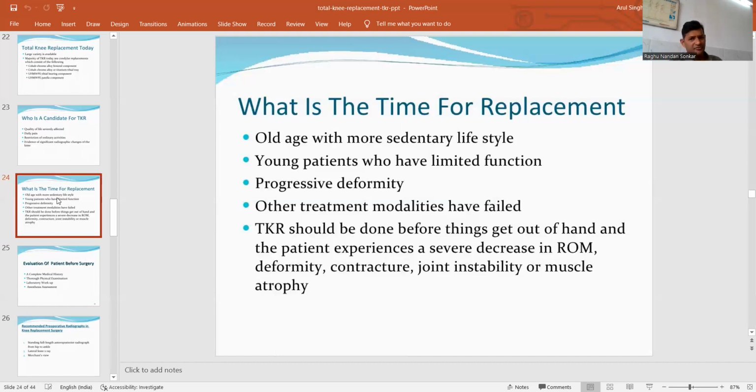TKR should be done before things get out of hand and the patient experiences a severe decrease in range of motion, deformity, contractures, joint instability, or muscle atrophy. So always advise TKR in a patient with a severe decrease in range of motion. If you find FFD, meaning fixed flexion deformity, joint instability, or muscle atrophy.